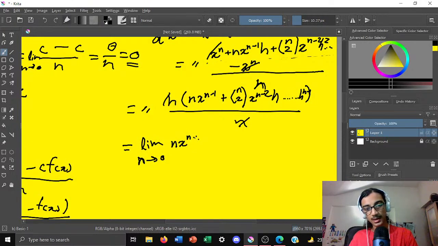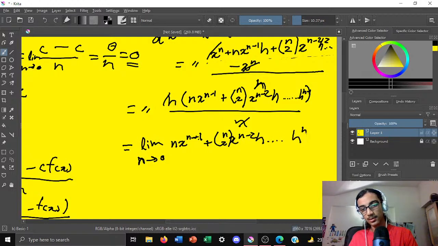Sorry, my paint program seems to be acting up. nx to the power n minus 1 plus n choose 2 of x to the power n minus 2 h, and going on until you reach h to the power n minus 1, right?